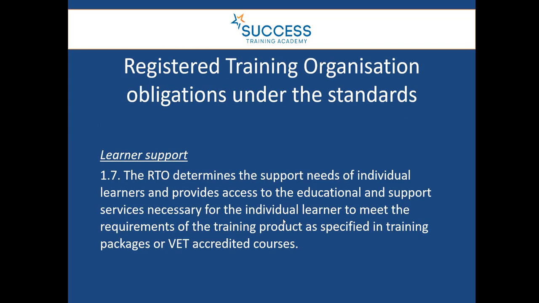Okay, now in terms of an RTO, what are its obligations? Well, under the Standards for RTOs 2015, Standard 1.7 says that the RTO determines the support needs of individual learners and provides access to the educational and support services necessary for the individual learner to meet the requirements of the training product as specified in training packages or VET accredited courses.